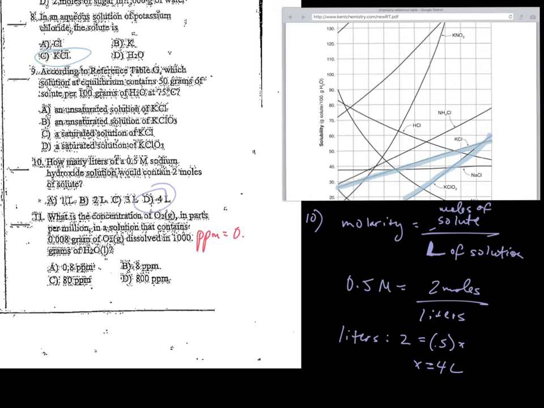So we got this many grams of oxygen over the total, because the solution contains both water and the solute. 10 to the 6 is a shortcut for a million because there's too many zeros. And you should get approximately 8 ppm, parts per million.